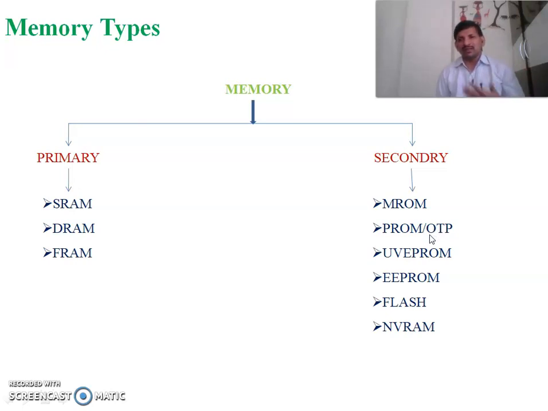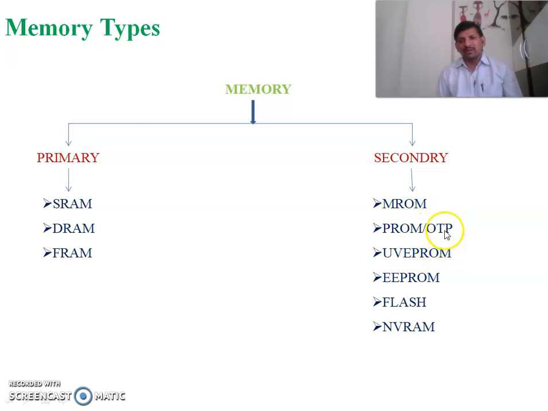But the disadvantage is modification. If you want to modify the code, for example during development stages, where we update the code repeatedly, it is not used because modification is not available here.